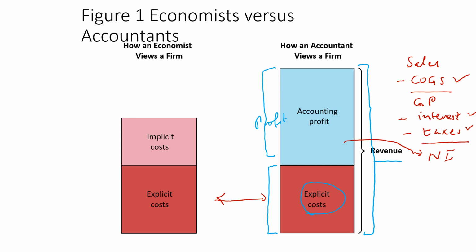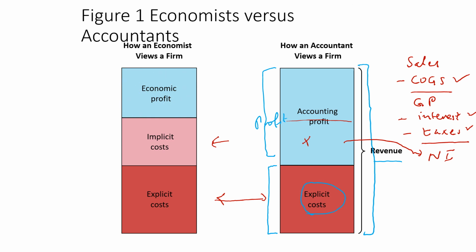The opportunity that the owner has missed, if he was doing a job rather than being an entrepreneur of this firm. So this is the opportunity that he missed, and the accountant does not count these implicit costs. They consider them as profit, but these are not profit. These are actually costs, and these costs cannot be a part of profit basically.